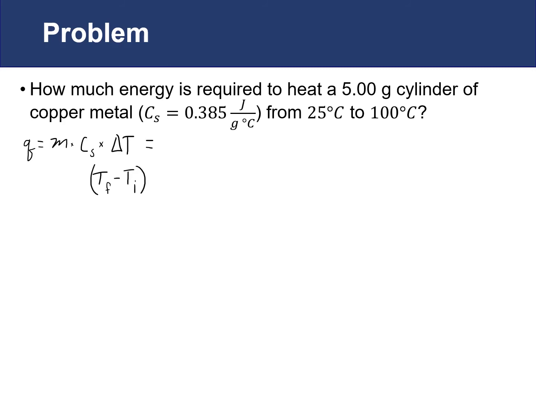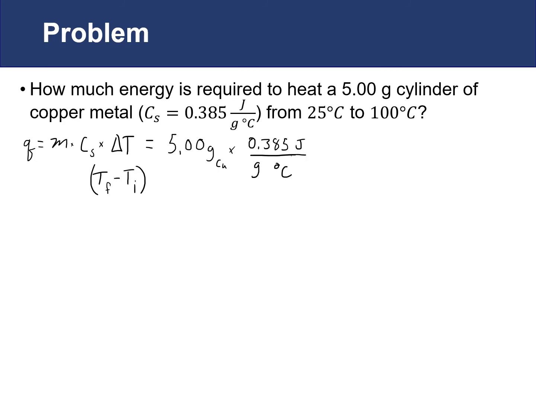So this would be equal to, we can plug in our values, 5.00 grams of copper times our specific heat capacity, which is 0.385 joules per gram degree Celsius.